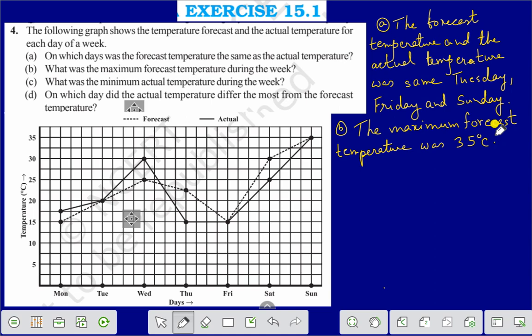Therefore we can say the maximum forecast temperature was 35 degrees centigrade during the week.